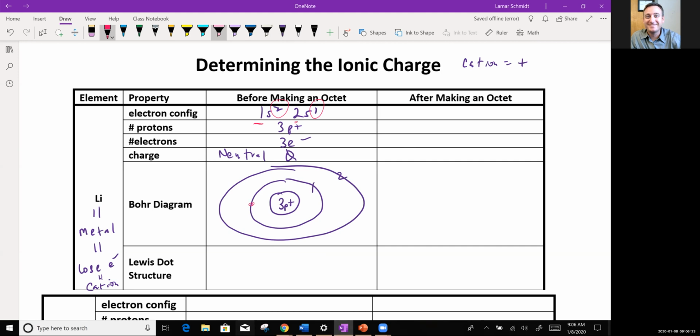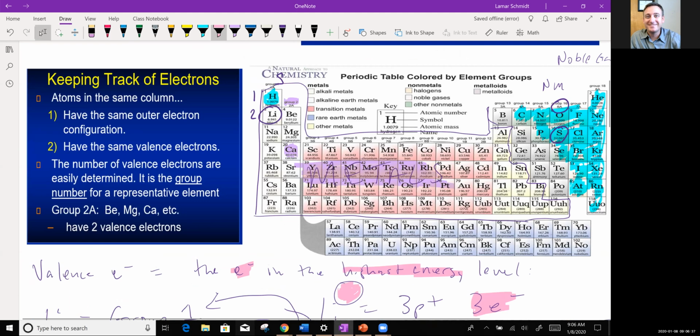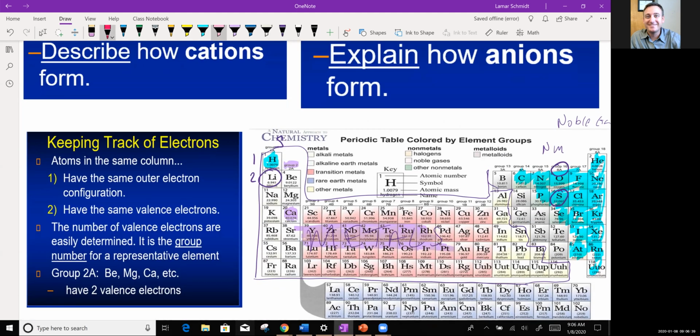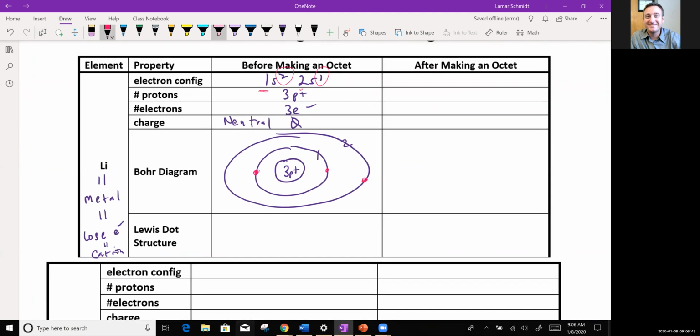And so we just simply draw these in, 1, 2, and then there's that 1 valence electron in the highest energy level. And so you can see also lithium is in group 1, right? You saw that. So in group 1, you should see that it has 1 valence electron. So when we do our electron dot, what you're looking at there is lithium with a single dot. And that's all there is to that.